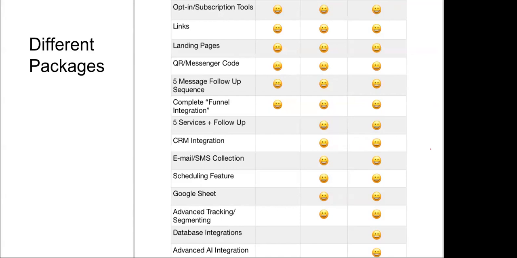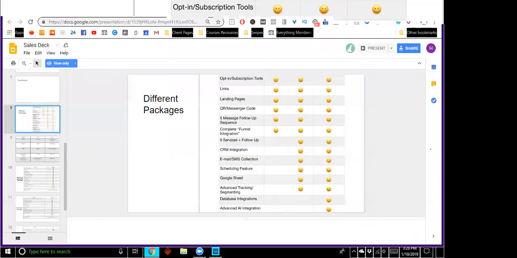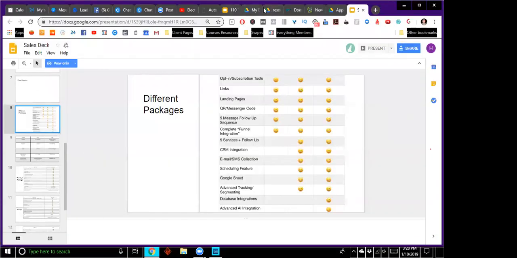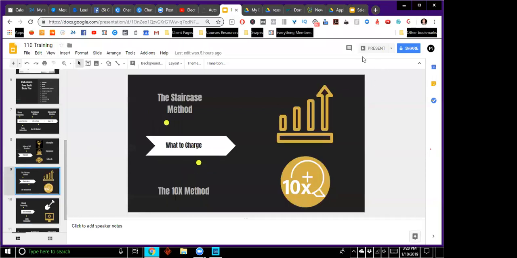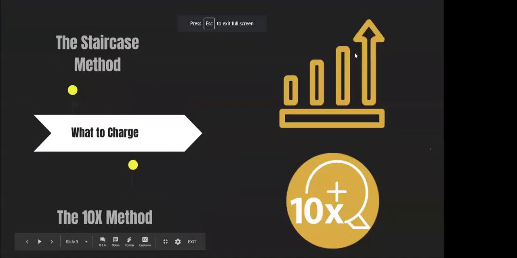You can actually schedule people. You can transfer data to Google Sheets. We can do tracking and segmenting, right? We can integrate it with databases, and it can even have its own advanced AI where it kind of understands people. So the reason I bring this up is that there are all these different things that you can include in your services.